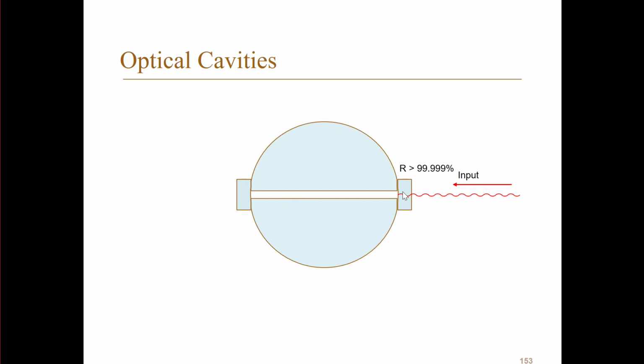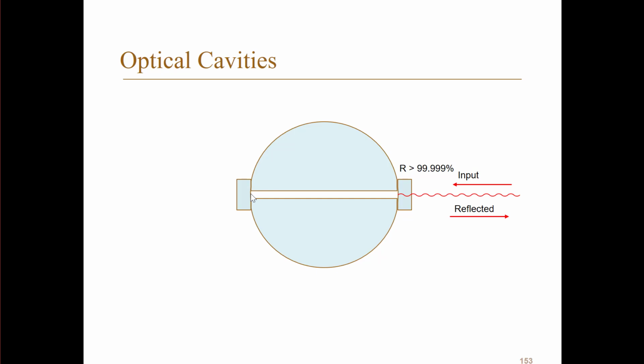Okay, but most of it is reflected, but the light that leaks in goes over and bounces on this mirror over here, and if we are resonant with the cavity, and this mirror is also highly reflecting, like 99.999%, I mean, even if both are 99%, this still happens.